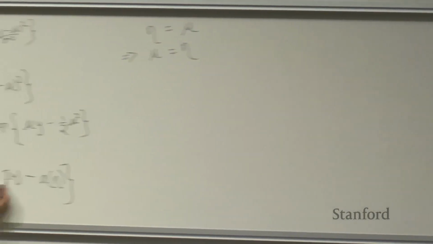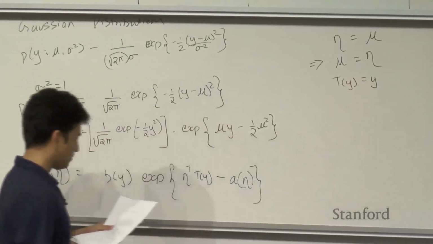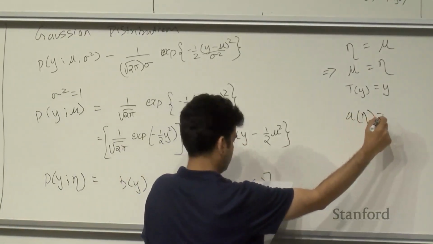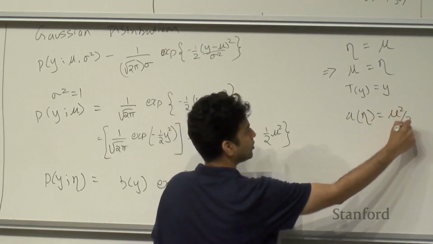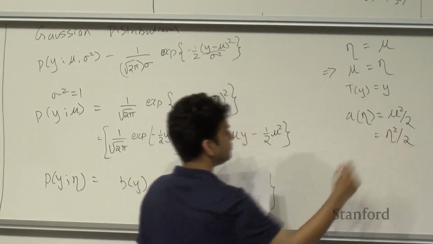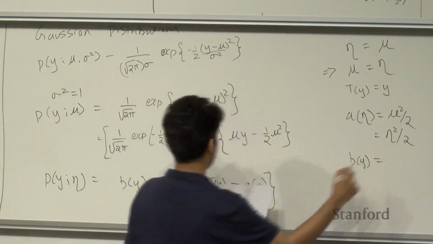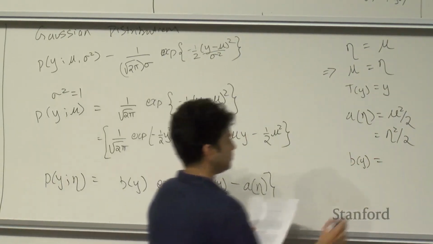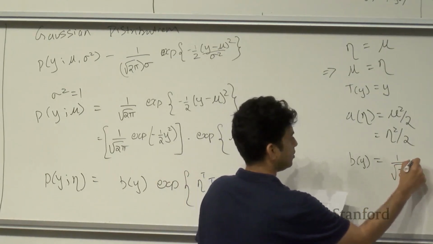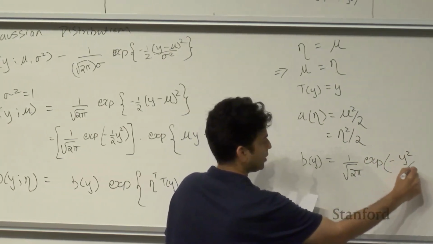The sufficient statistic T of y is just equal to y. A of eta equals mu square over 2, and that's the same as eta square over 2. And finally b of y equals 1 over root 2 pi, exponent of minus y squared by 2.